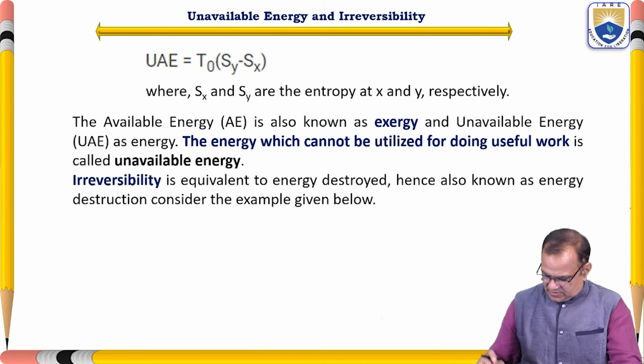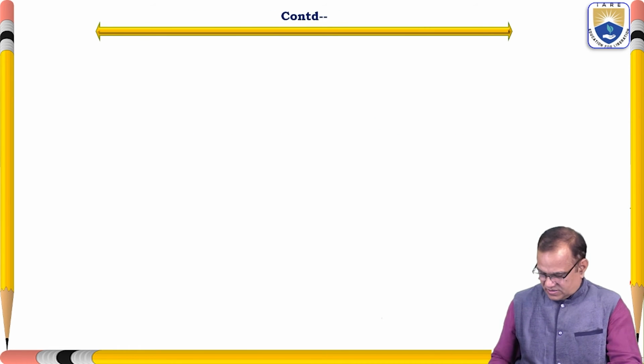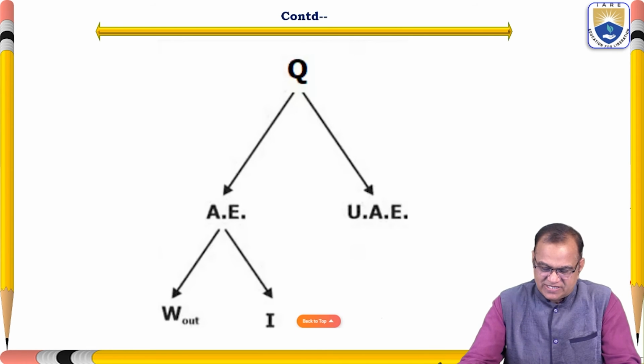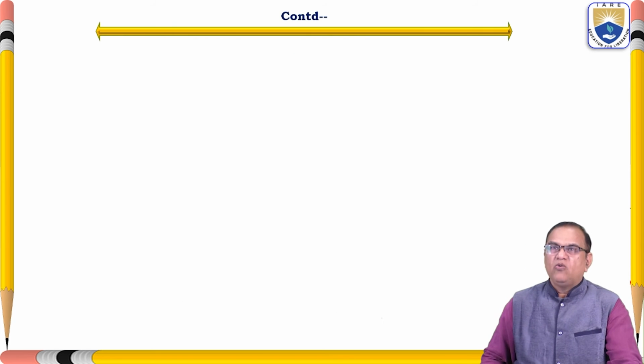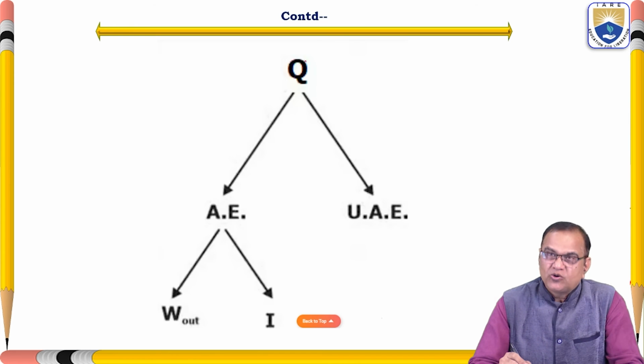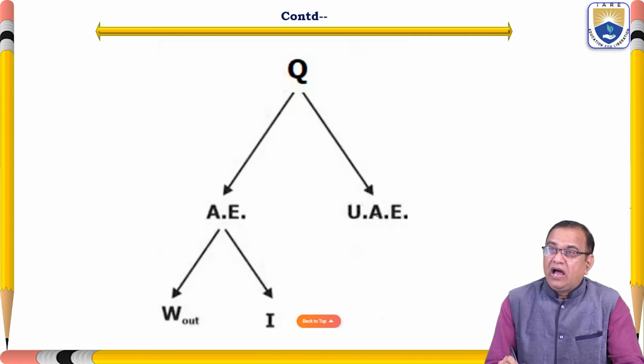Consider the example below. This you can see here. This is the total energy Q. This is the available energy. This is the unavailable energy.